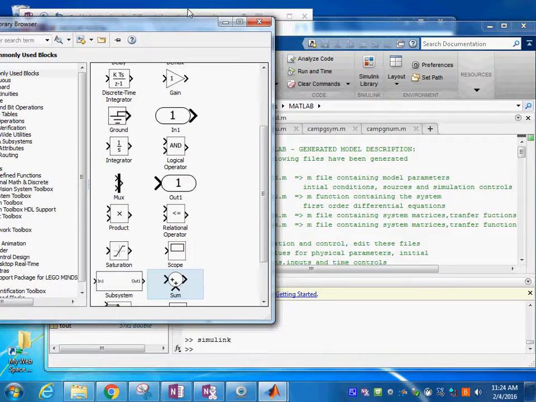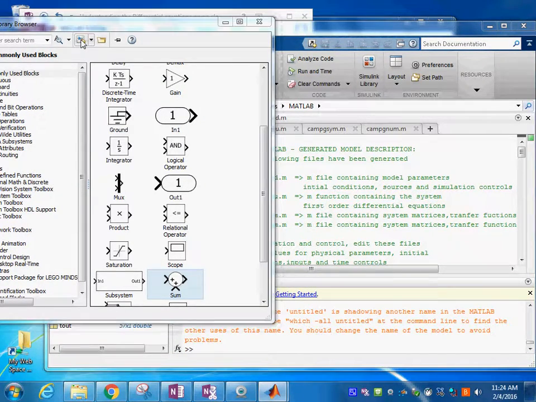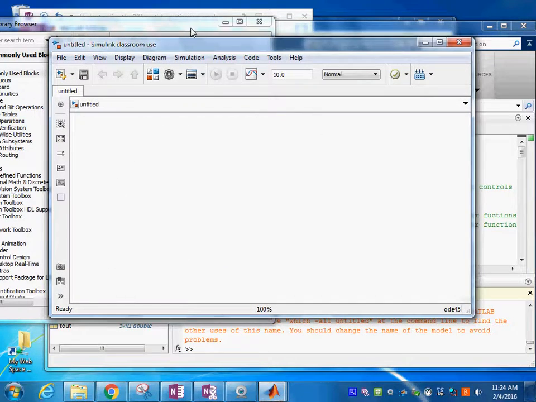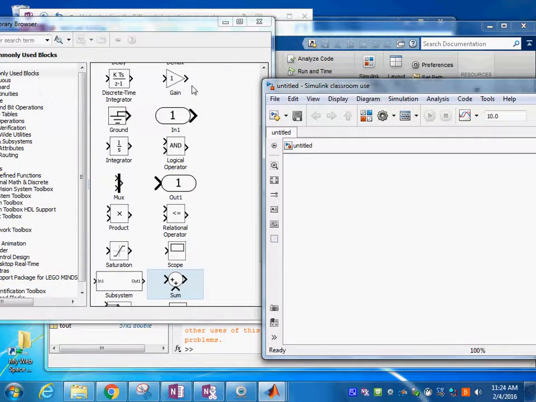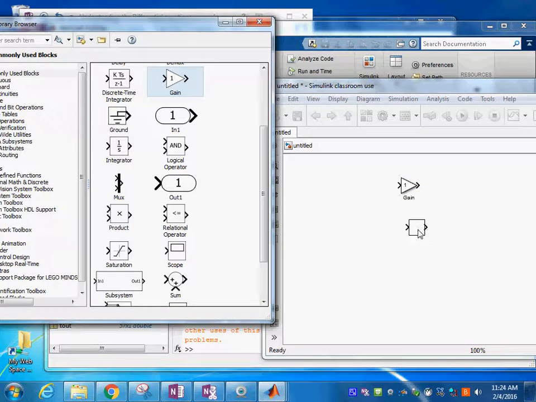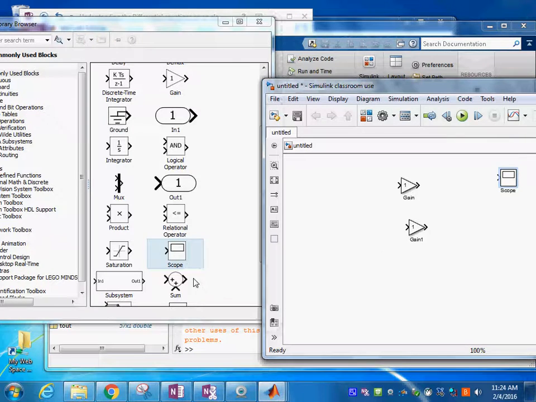So you click over here to create a new model, and then I bring in all the ingredients that I need. I need three of those, one of these. We need a summation point.